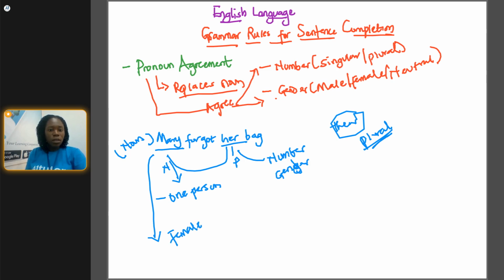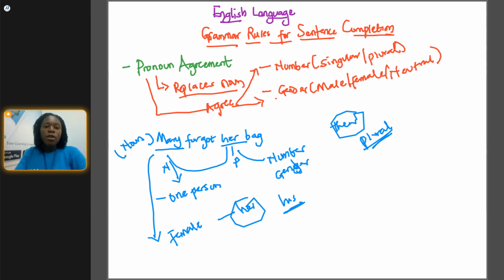So for female, the pronoun is her. You're not using his, which is for male. So in this case, we have Mary forgot her bag. All right. Mary, the noun, and her, the pronoun, agreeing. So the pronoun is in agreement with the noun, both in number and in gender. That is what we mean by pronoun agreement.